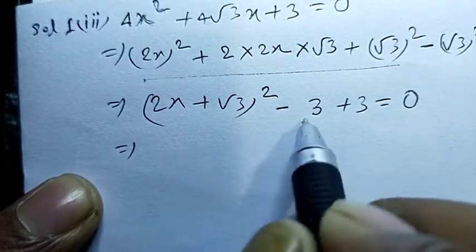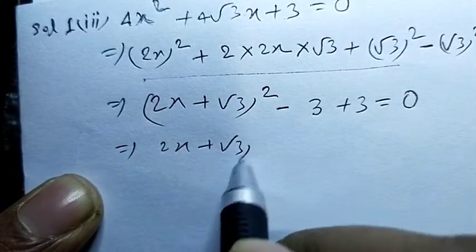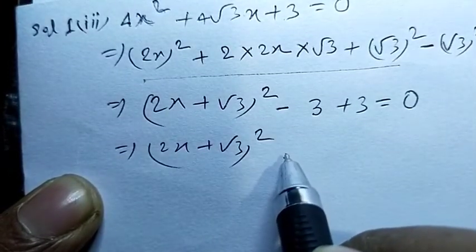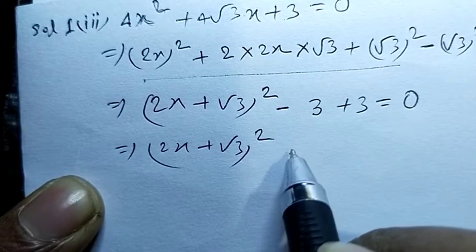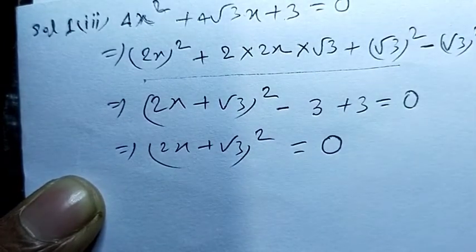Implies 2x plus root 3 the whole square minus 3 plus 3 is equal to 0, so we write here 0.